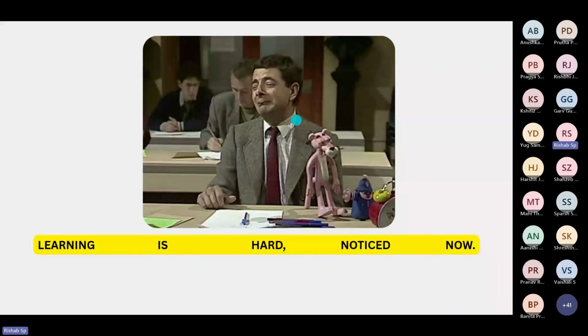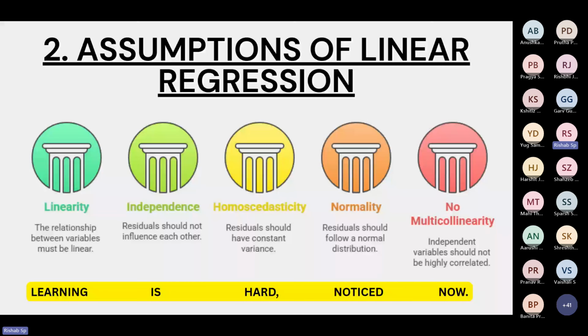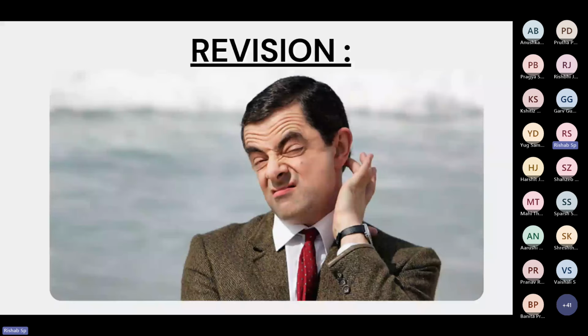If you know these 5 assumptions, you can find the odd one easily. Linear regression and its assumptions are done, fully basics. There is some practical side which we'll discuss next. Next: logistic regression.